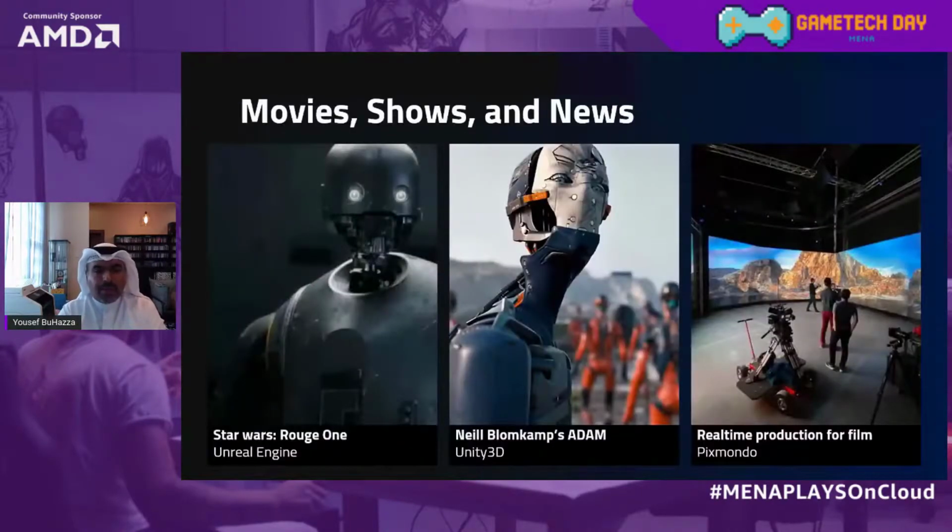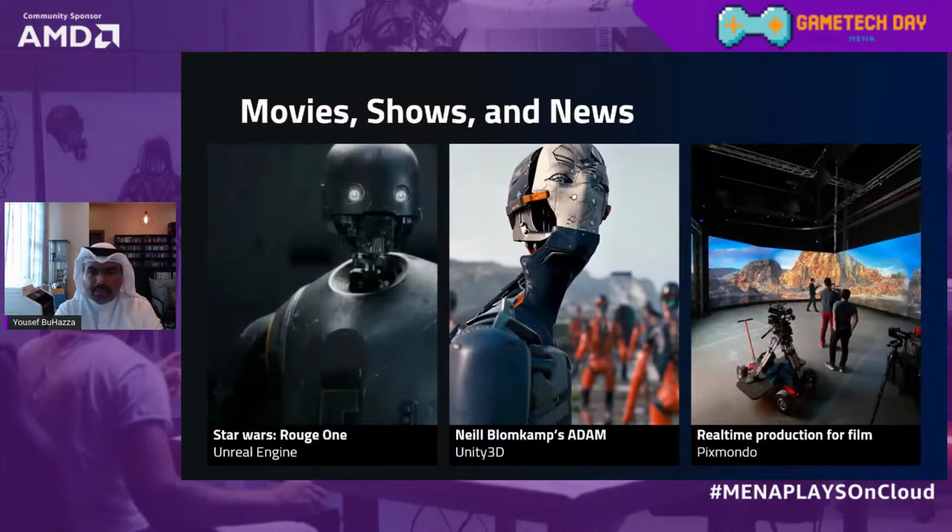Star Wars Rogue One used virtual production techniques to help actors perform better with virtual characters that were added later. Neill Blomkamp, the South African movie director, tried his hand at using the Unity engine to design movies.